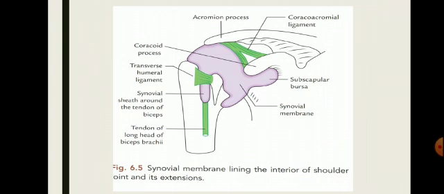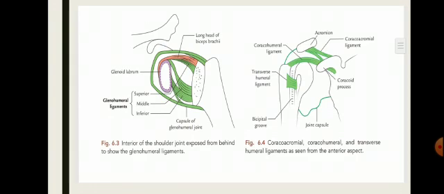The violet color represented here is the synovial membrane. It encloses the tendon of the long head of the biceps that is found in the bicipital groove, as well as the subscapular bursa. It may or may not enclose the infraspinatus bursa, which is found posteriorly.